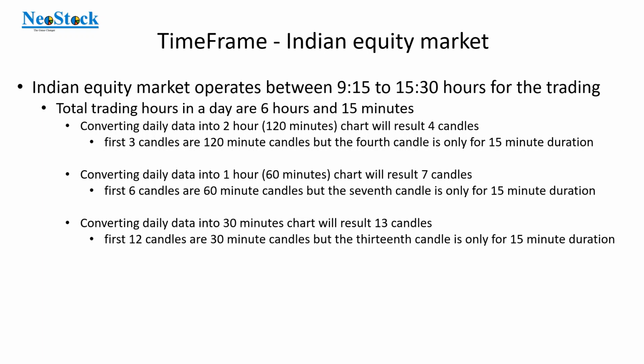So the time frames match exactly for all the candles, and there won't be any residual candles for the 15 minutes and 5 minutes time frames. The issues are there only with the 30 minutes, 1 hour and 2 hours candles.